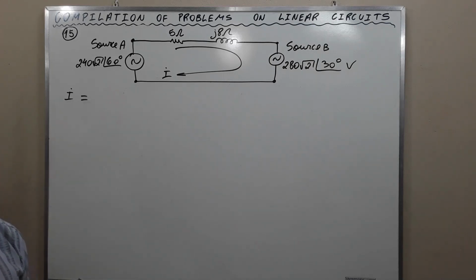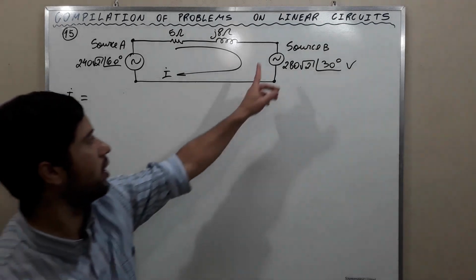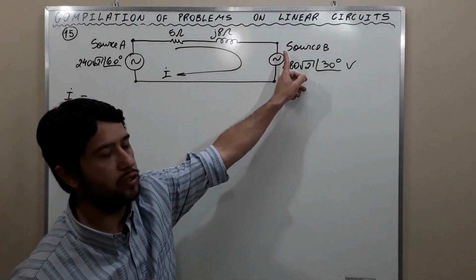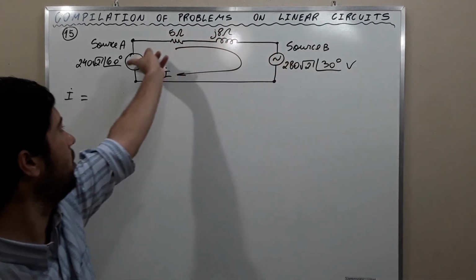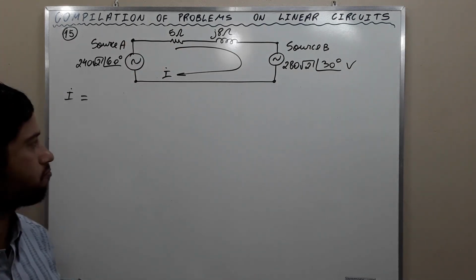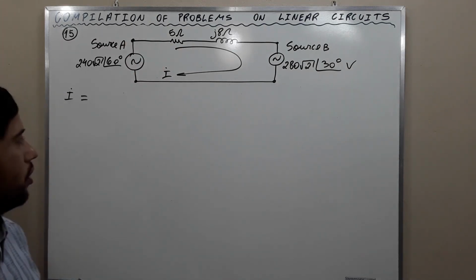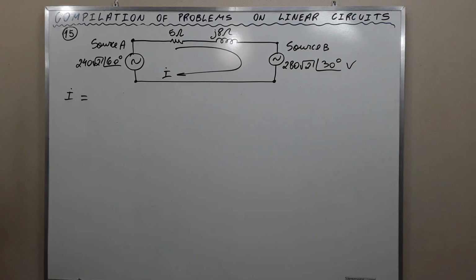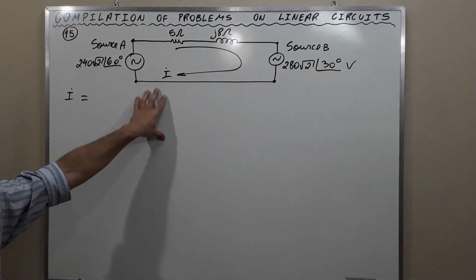We could have chosen the opposite. We could have chosen the current I as flowing from source B to the other elements, okay? And this option here is not wrong.